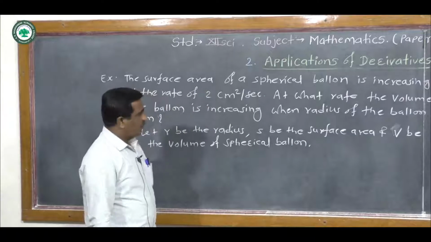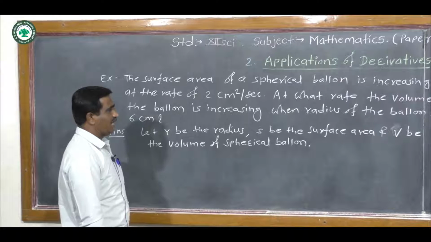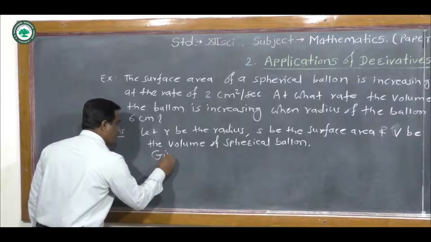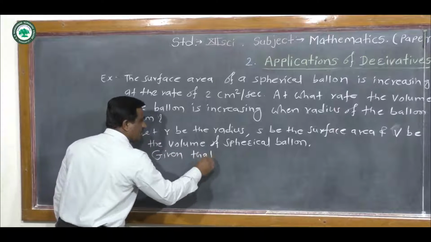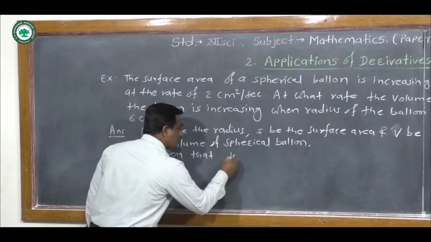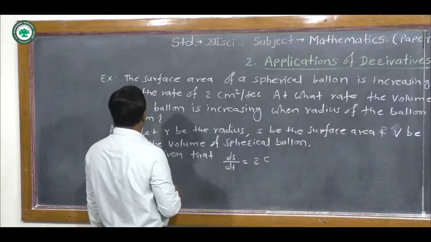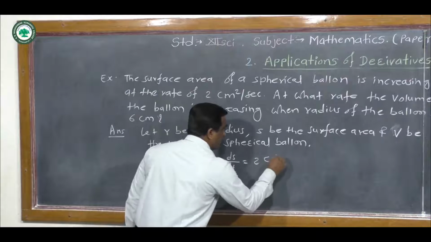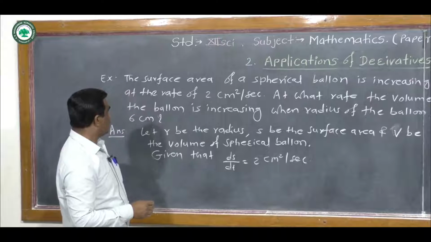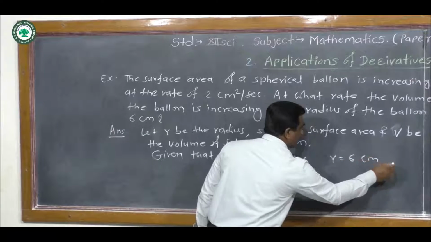Okay, now we have to give names here: radius r, surface area s, and volume v. Now consider the given terms. Given that the rate of change of surface area, ds by dt, is equal to 2 centimeters square per second. Also given that the radius of the spherical balloon, r, is equal to 6 centimeter.